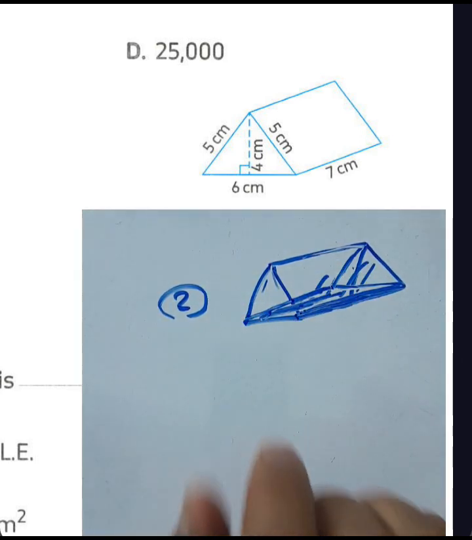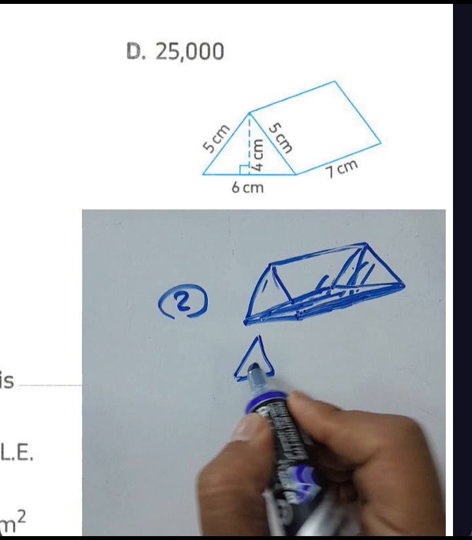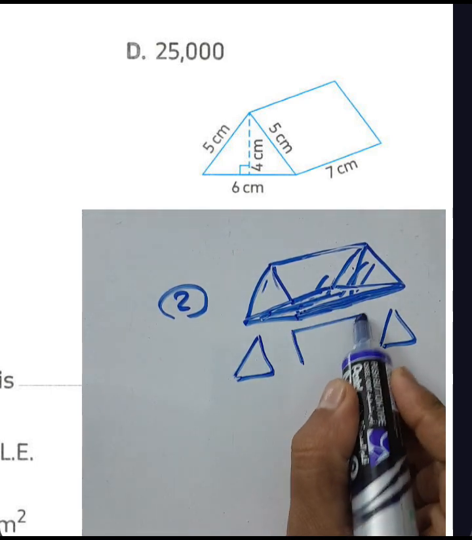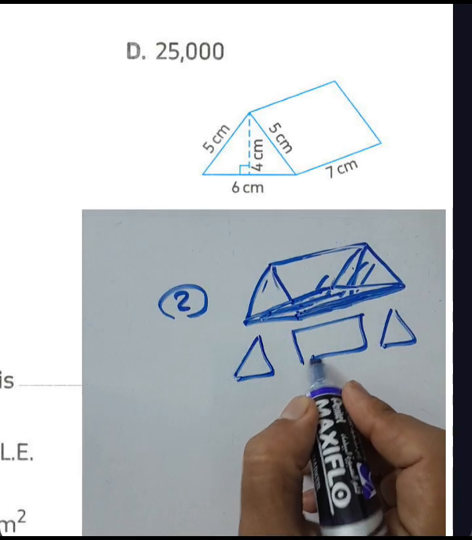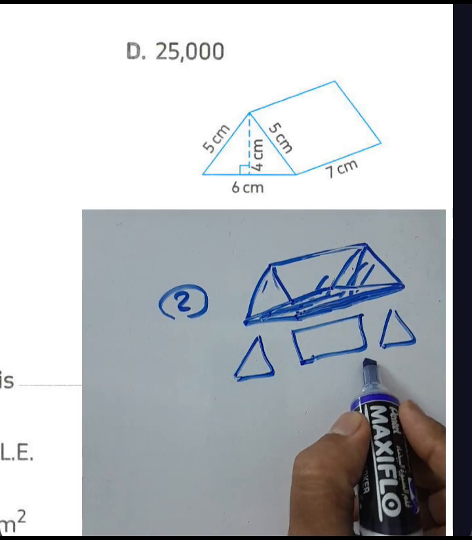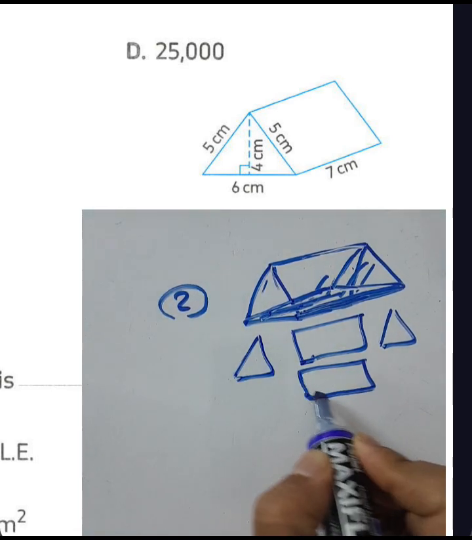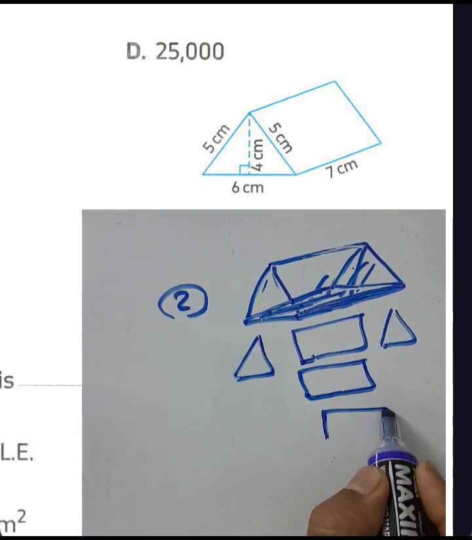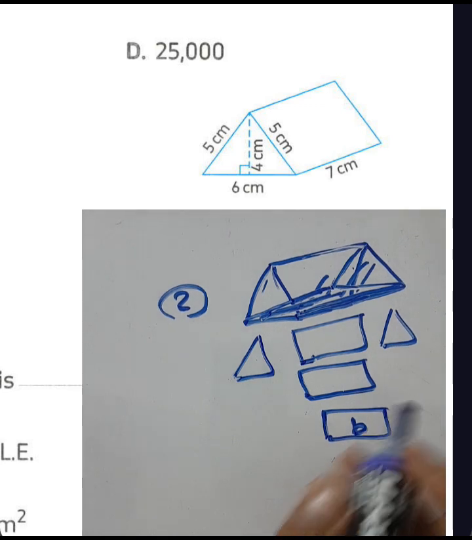I will find the area of this triangle and this triangle, and the area of the first rectangle here in the face, and the other rectangle again, and in the base we have this rectangle. Understood?